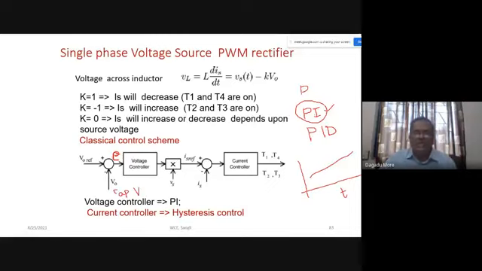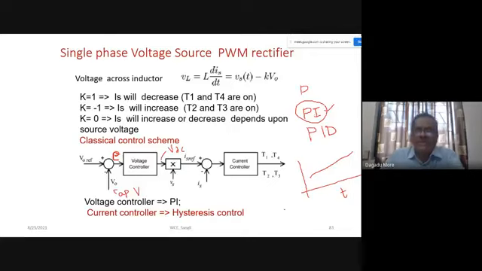So this is the output voltage of the voltage controller, with respect to time. So we get a DC voltage VDC here. Now this DC voltage we have to multiply with a unit magnitude sinusoid.